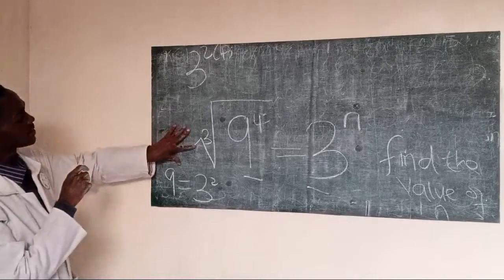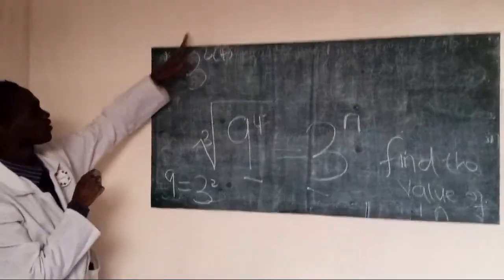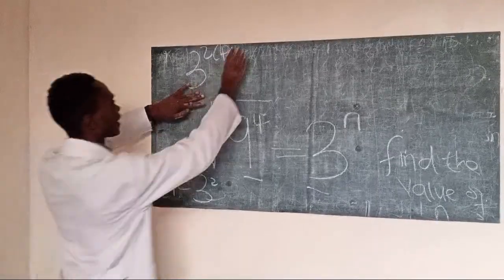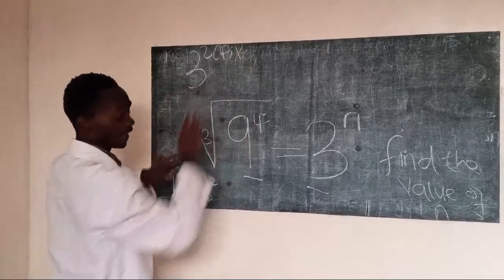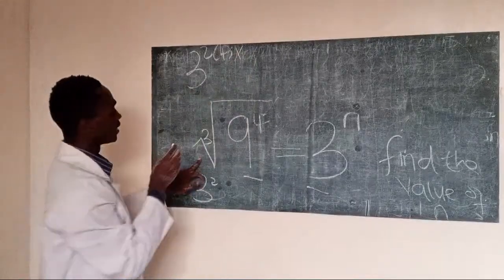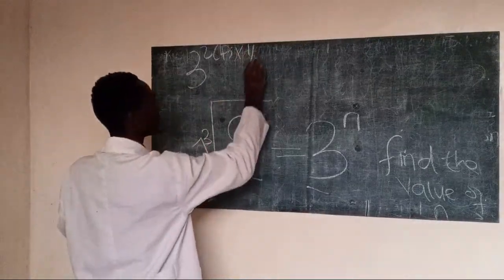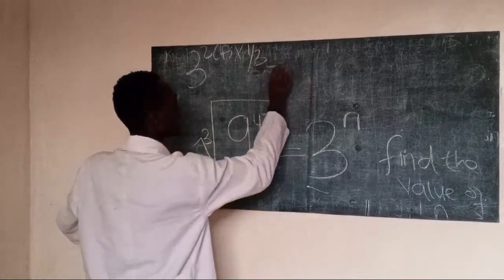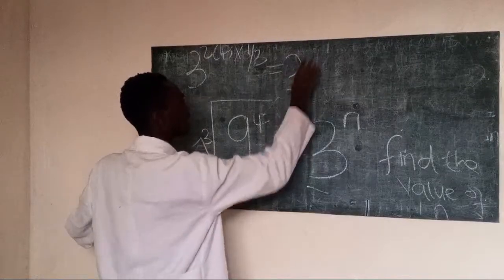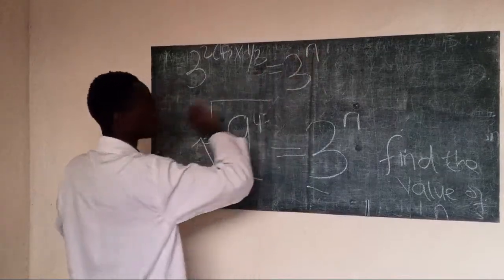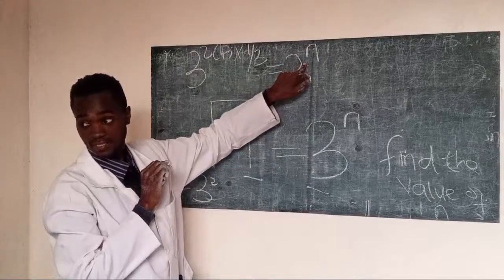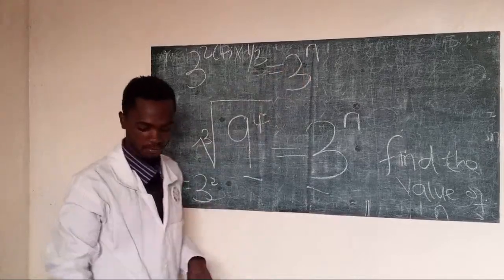What happens if I want to find the cube root of all these, but now I want the base of 3? I multiply the powers by a bar, isn't it? Yes, I multiply the powers, not the whole number, by a bar, which is equal to 3 raised to the power n. Can I now get the value of n? Yes. Let's look for the value of n from there.